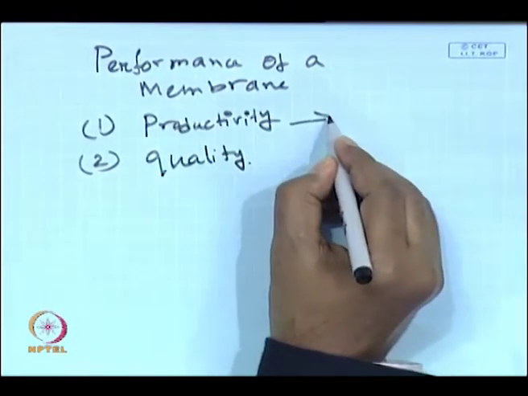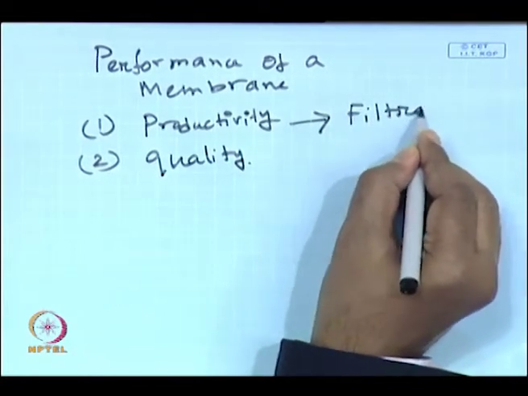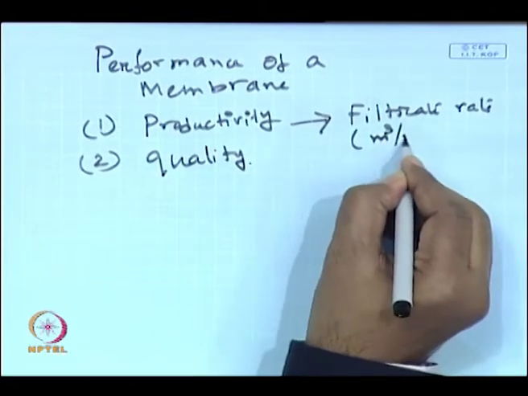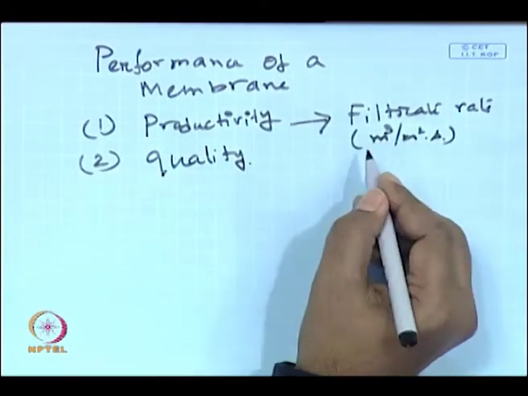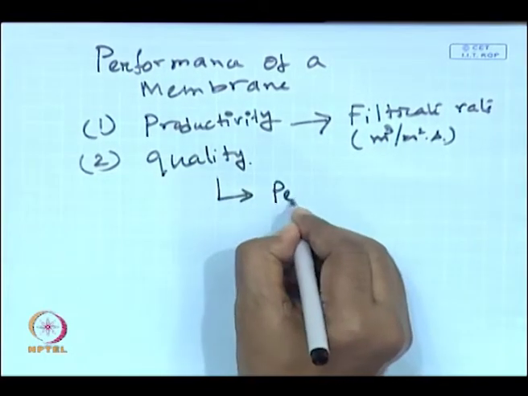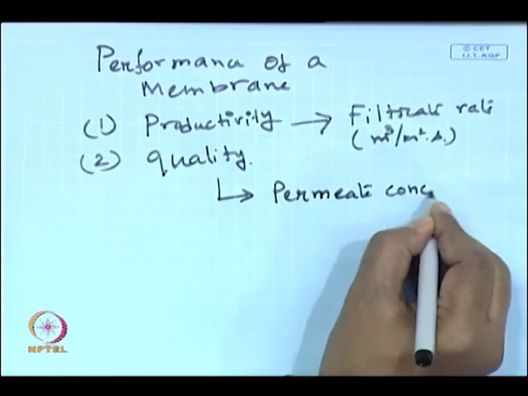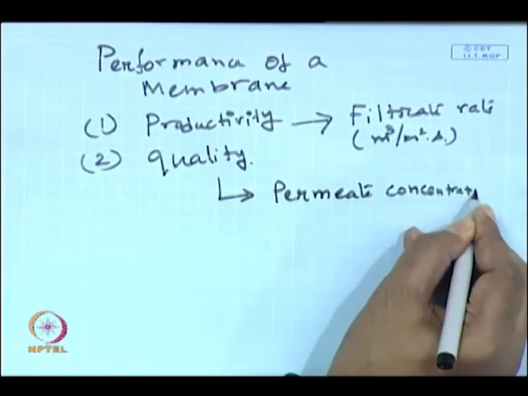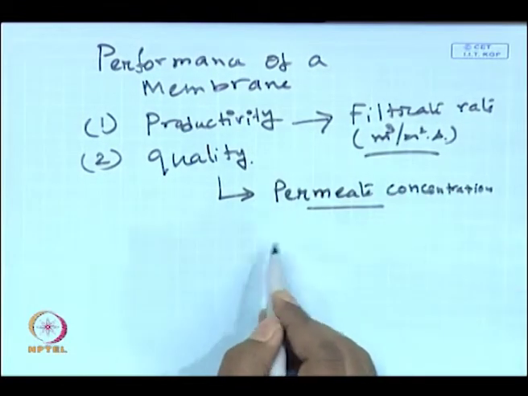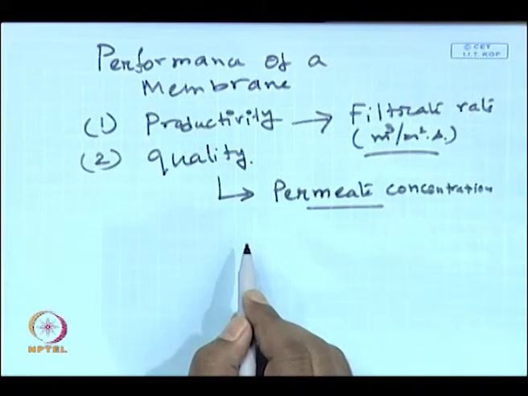Productivity means how much filtrate rate you are going to get, let us say volumetric filtrate rate, meter cube per meter square second or liter per meter square hour. Okay. And quality is the permeate concentration. These two are the performance indicating parameters of any membrane based separation process.